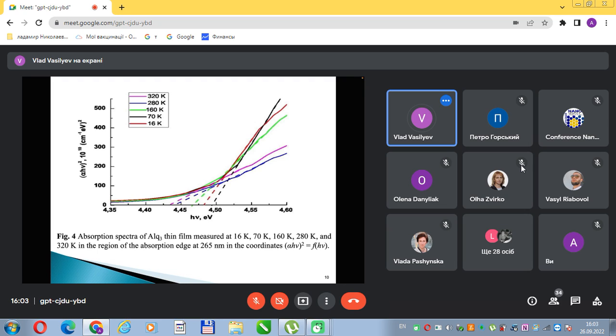For comparison, at room temperature the value of 4.44 electron volt was obtained.